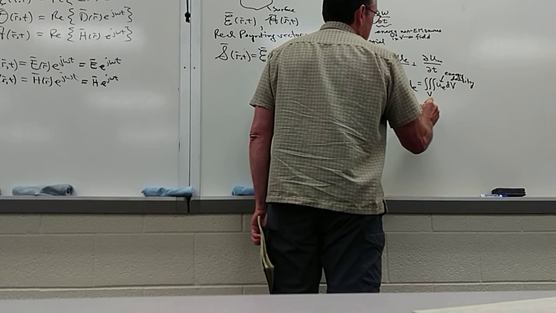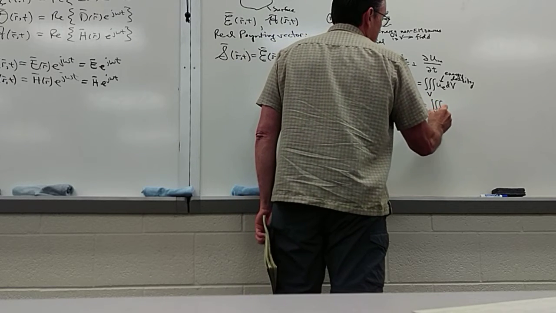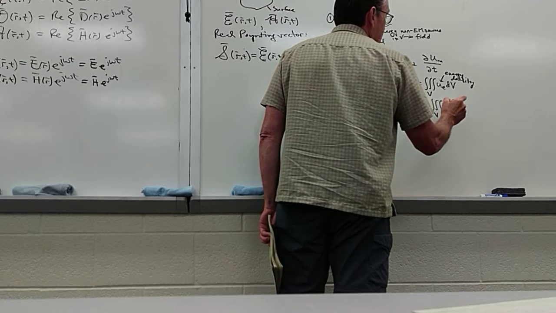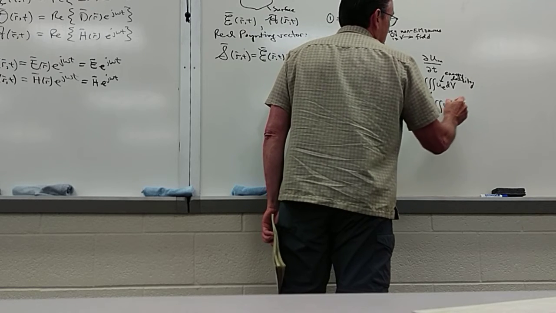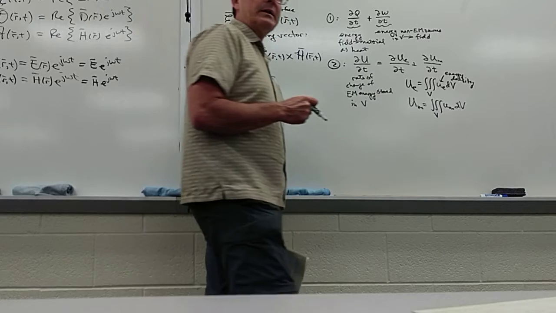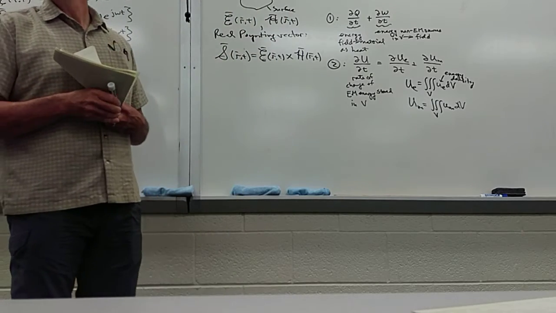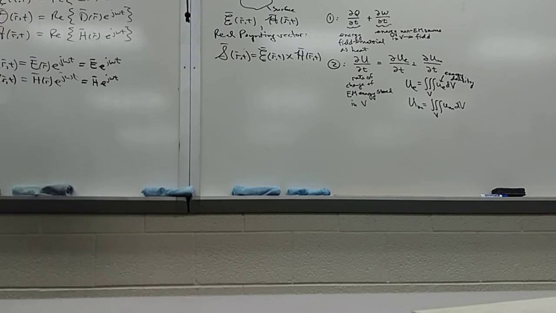And the energy stored in the magnetic field, likewise, is just the integral over the volume of the energy density of the magnetic field. And we'll have some expressions for those in a particular case shortly. But the point to understand is just that the second term is all about the rate of change of energy being stored in the electromagnetic fields.